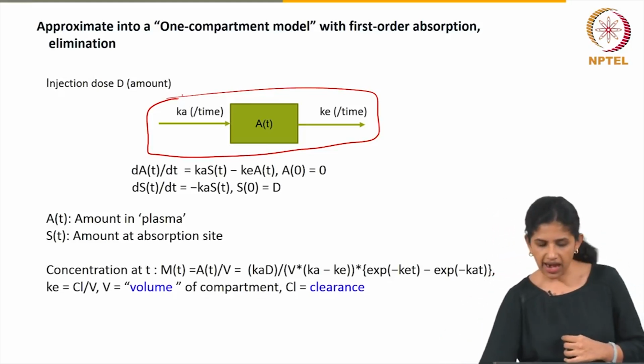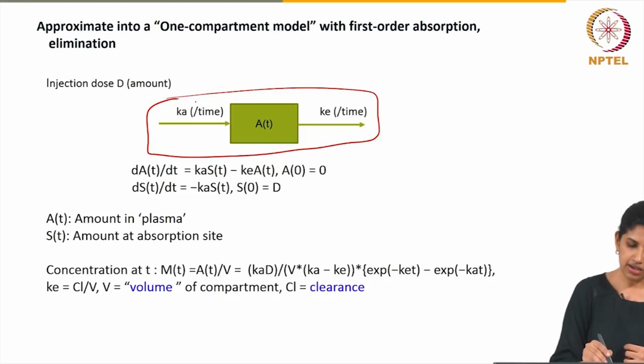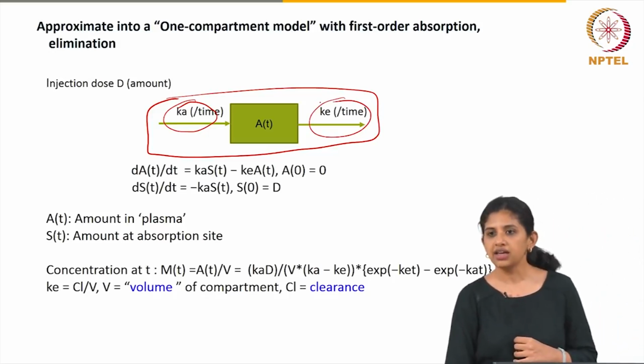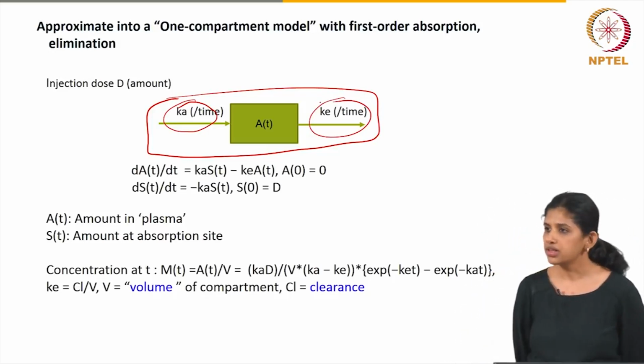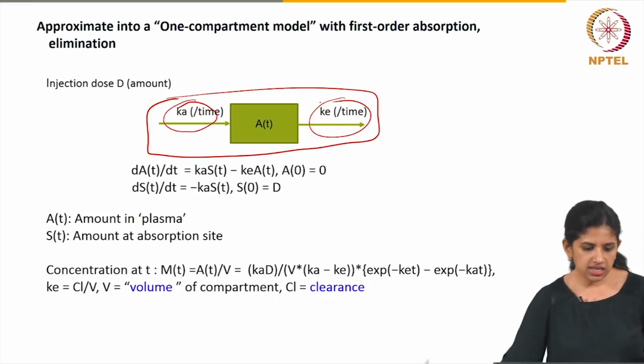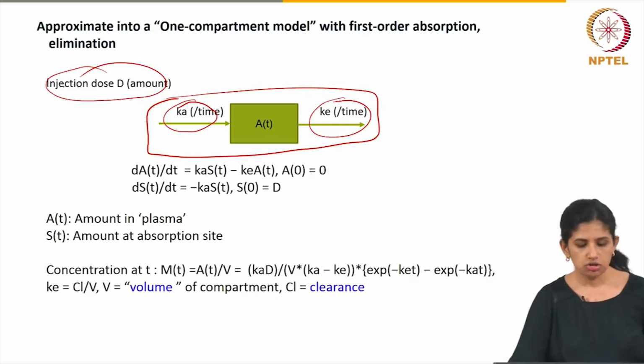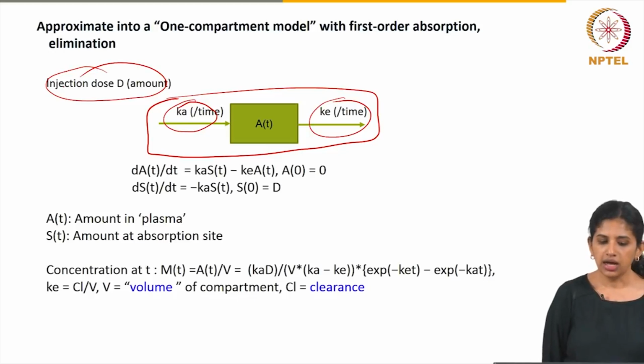And then at some rate stuff is coming into the box, at some rate stuff is leaving the box. So, we can say Ka and Ke, the rates of absorption and the rates of elimination. And you can say initially you gave a single dose and the amount is D. So, you give D units of insulin, it gets absorbed at a rate of Ka per minute, it gets eliminated at a rate of Ke per minute, and we have the machinery of differential equations to write that up.